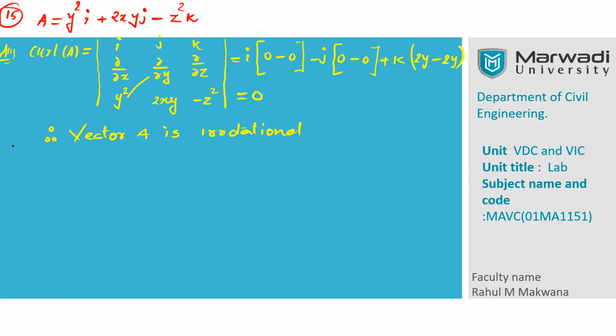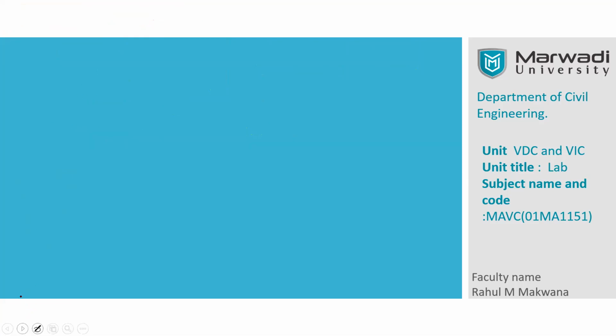Similarly, see, still few steps need to be done, but before that, let me do the same steps for question number 16, it will be easy for you. So f is x square xy square i, y square x square y j.